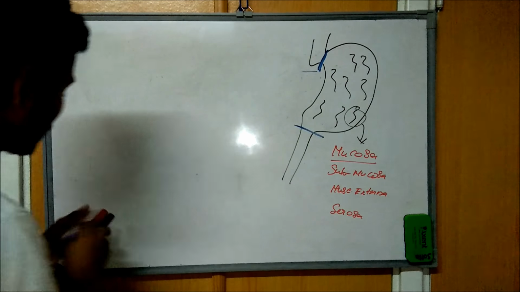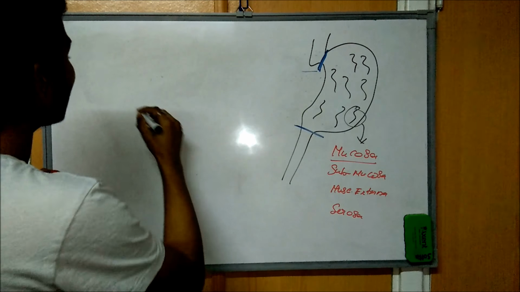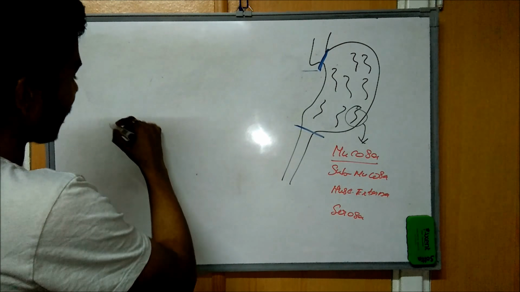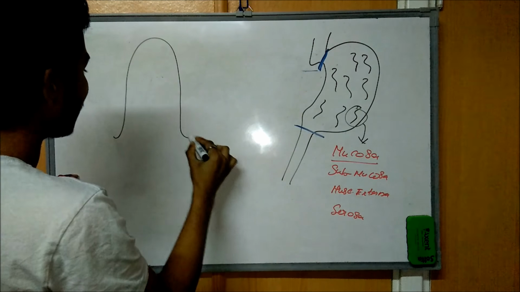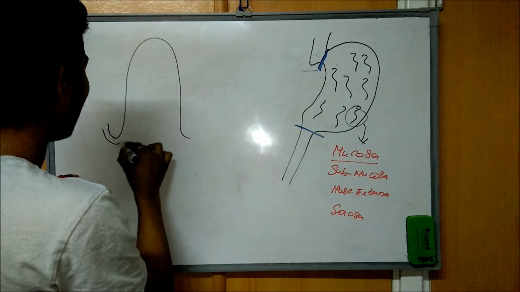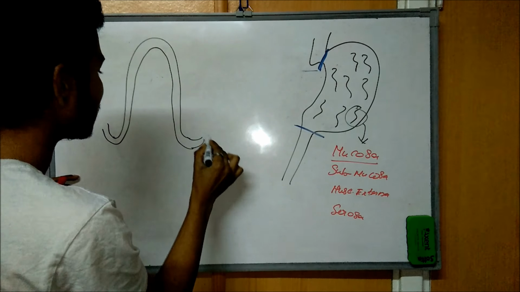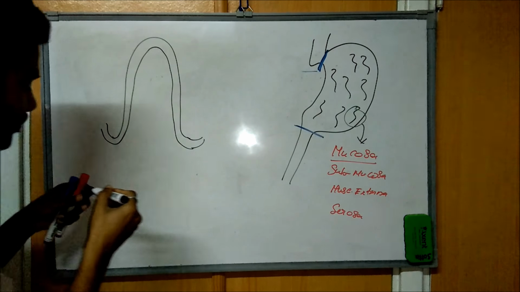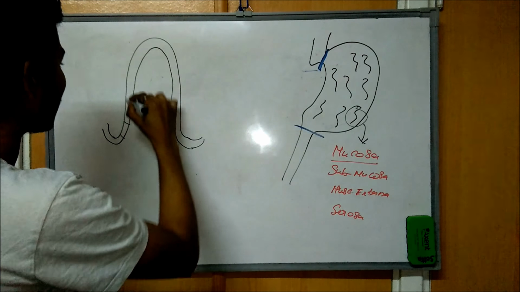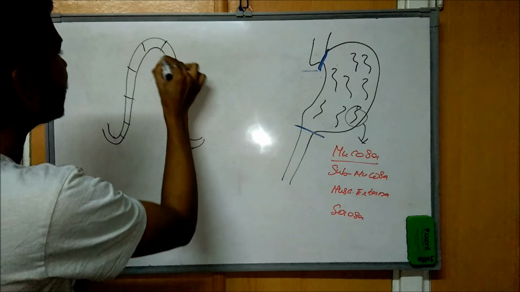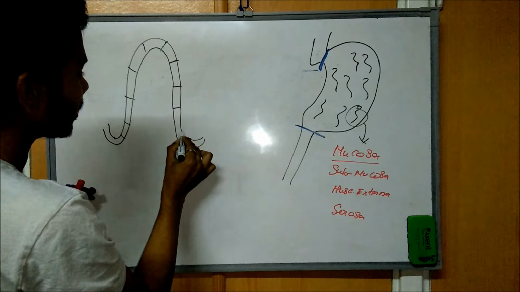In the folds, in the mucosal layer, we have a structure like this, which is called the rugae.